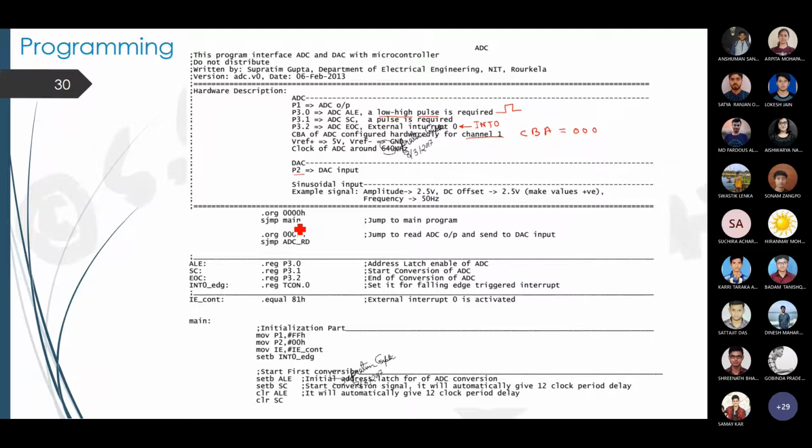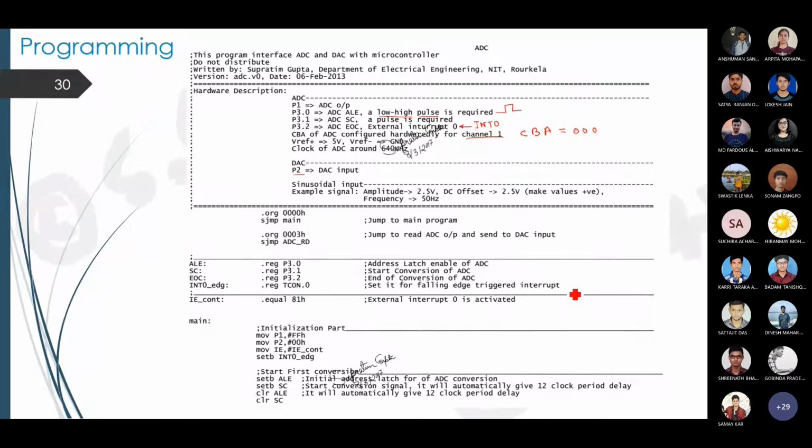And so then we start our coding: SJMP main, then SJMP ADCRD, so we are reading that at the external interrupt location. Then to make our code easily readable, we have used ALE for P3.0, SC for P3.1, EOC for P3.2, and then we have this TCON.0 bit, which sets the external interrupt as either edge triggered or level triggered.